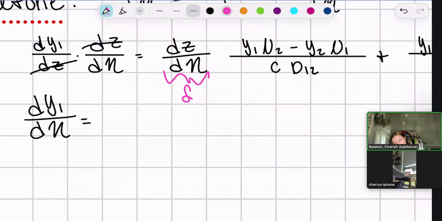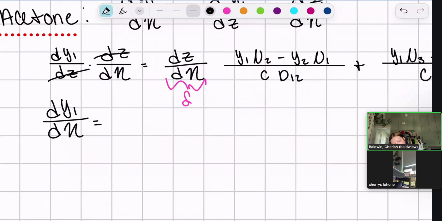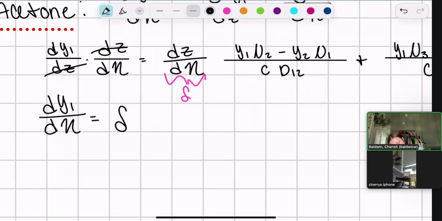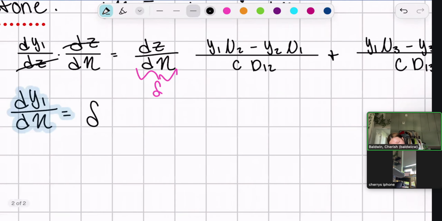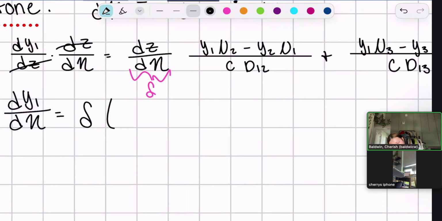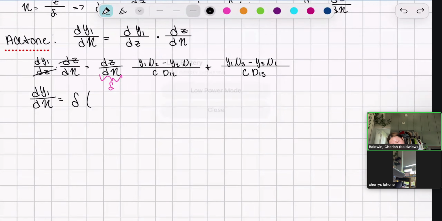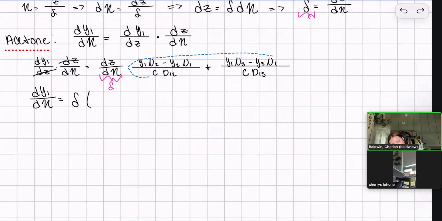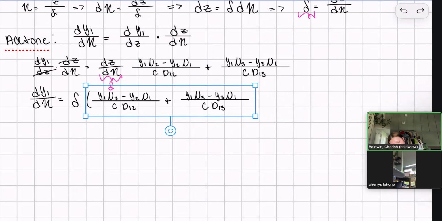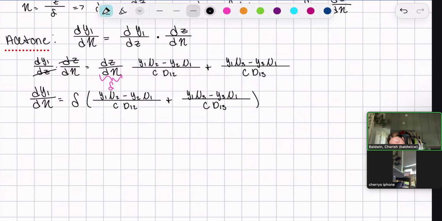So we can write this as... I'm just going to copy that. So that's for acetone.